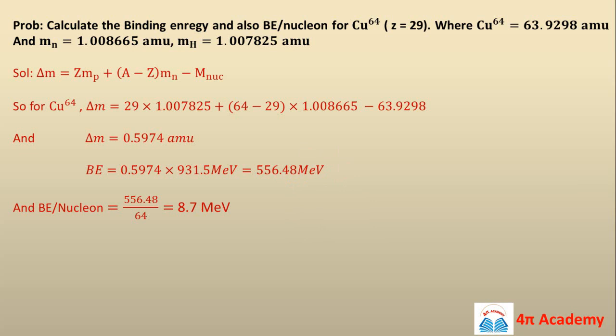To calculate the binding energy per nucleon, we have a nucleus with mass number 64, so just divide the total binding energy by the mass number 64. It will be 8.7 million electron volt. This is a very simple method, and by using it you can calculate the binding energy or the binding energy per nucleon for any given nucleus.